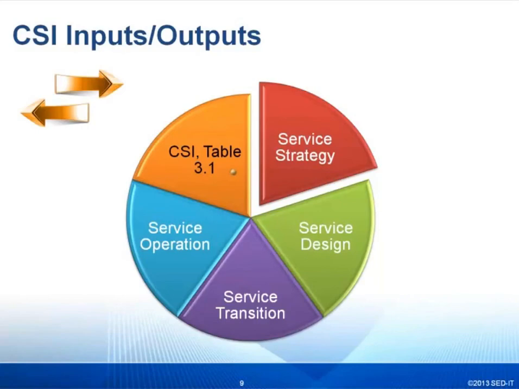CSI, remember, nothing is out of scope within CSI, so its outputs into strategy or design or transition is all about or is going to be surrounding the concept of information to drive improvements, or at least to consider improvement and either make it or not, depending on the data that is coming from the CSI group. So again, find those patterns.